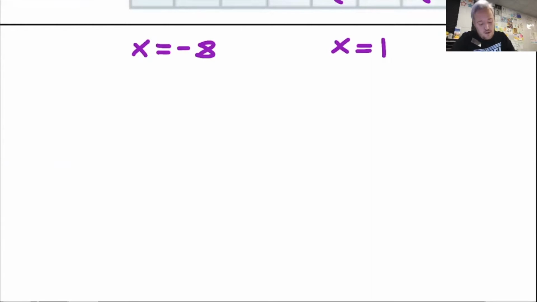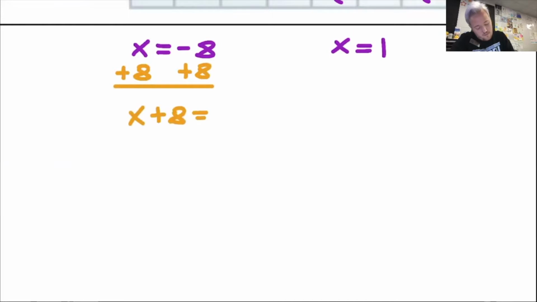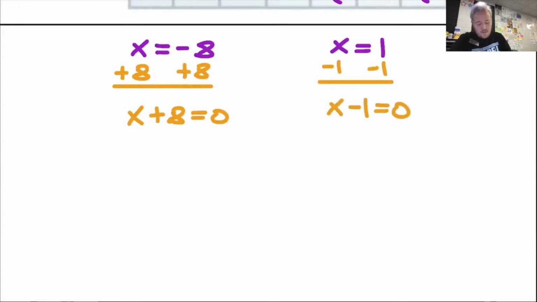All right, so over here on the left side with this x equals negative 8, I'm going to add 8 on both sides. I actually want to move it to the same side as the x value. So I'm going to have x plus 8 equals 0. And then over here on the right side, I want to subtract 1 on both sides. So I'm going to have x minus 1 equals 0.